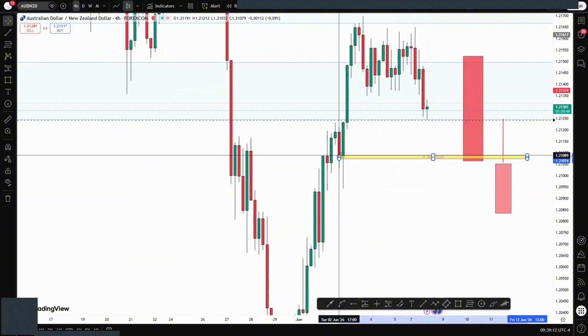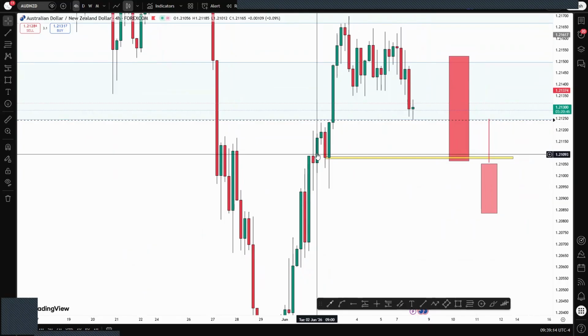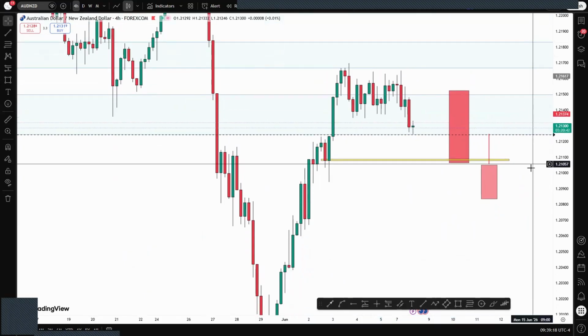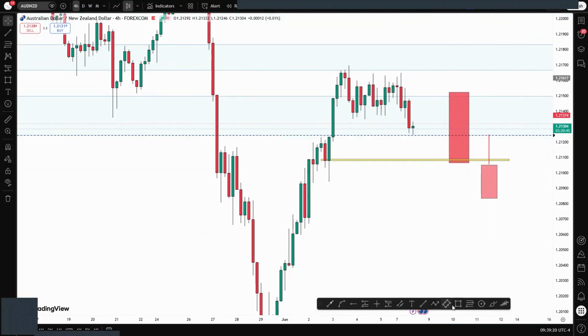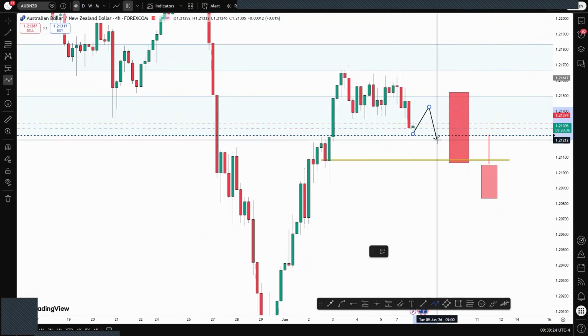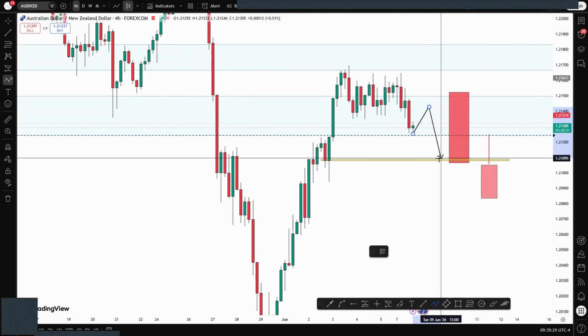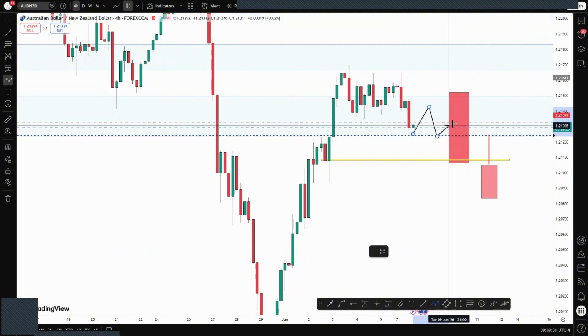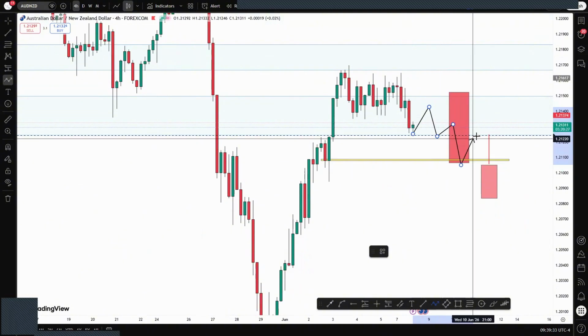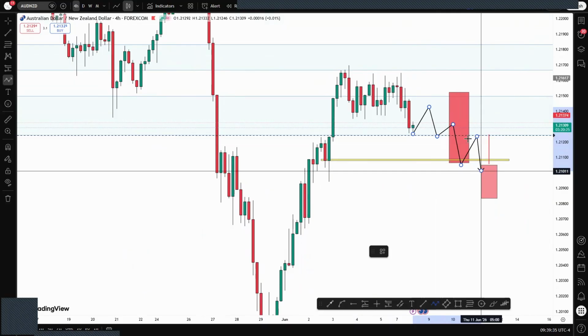You see, this is where we're having the 4 hour shift. So for me to really sell this level, I need at least price to continue making lower highs, lower lows. Then you can wait for price to retest back there and we can sell.